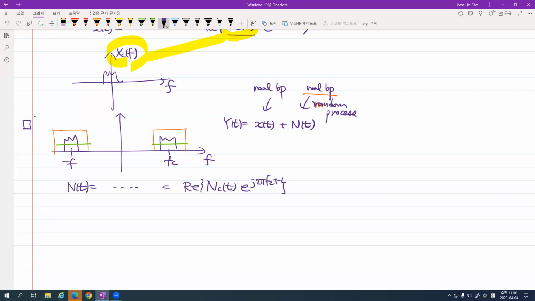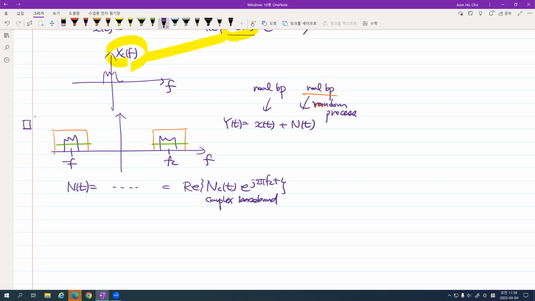So given a real valued bandpass random process, if we choose some reasonable center frequency, there exists a complex valued baseband random process that equates these two.